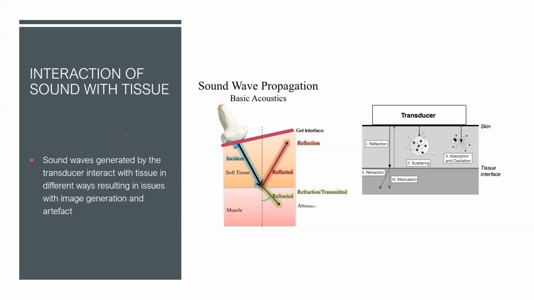Naturally, if they absorb sound waves much better, there's very little sound going to come back from them to the transducer. And for that reason, those areas will tend to appear much darker. On the other hand, if you have more reflection, less absorption, then those areas will tend to appear much brighter.